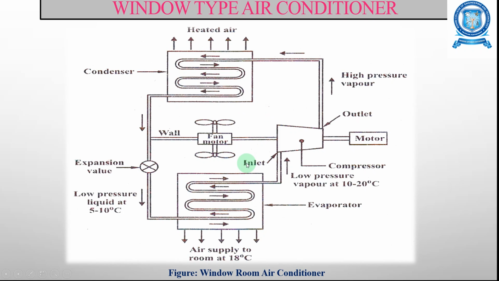This is a layout of the window room air conditioner. Regarding the components, you can see you have a condenser here, an expansion valve, an evaporator, a compressor, and a fan motor.